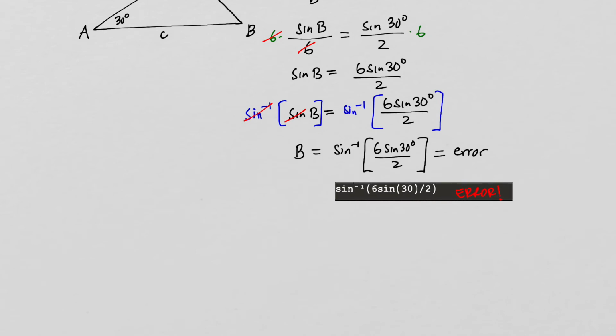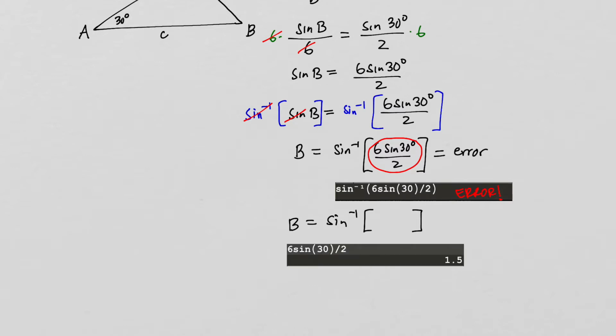So to understand why, what I'm going to do is plug 6 sine of 30 divided by 2 into the calculator just to see, what is that number. And when you plug that in, you'll see that you get 1.5. And actually, you don't need a calculator because sine of 30, we know, is 1/2, right?